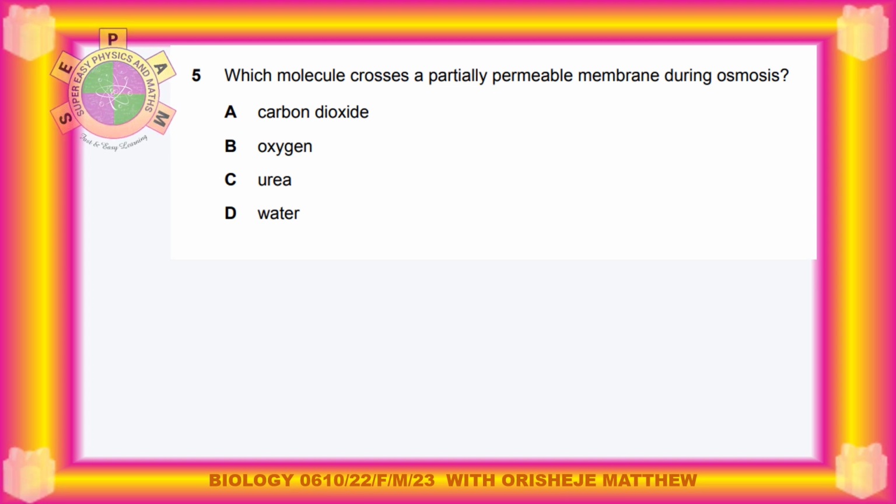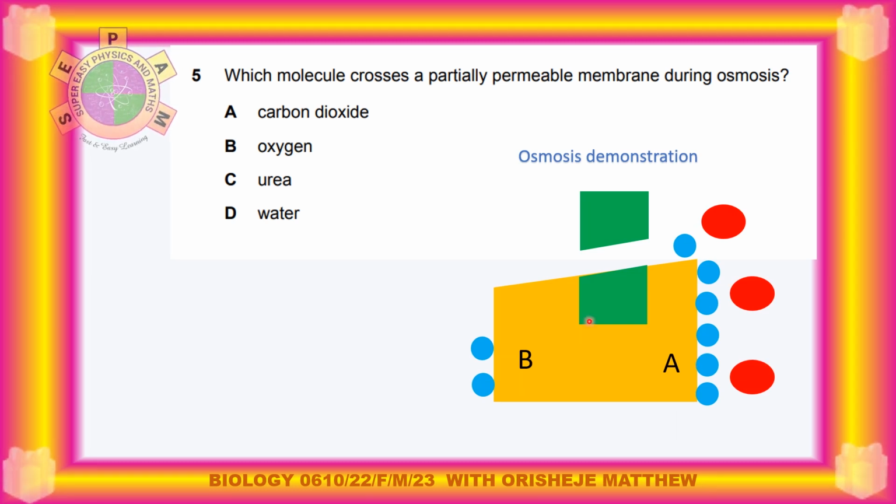Question 5. Which molecule crosses a partially permeable membrane during osmosis? Now, let's look at the demonstration of osmosis. I just want you to understand. So if you have an osmotic system, let's have that we have two regions. Region A, which has a high concentration of water molecules. Then region B, you have a low concentration of water molecules.